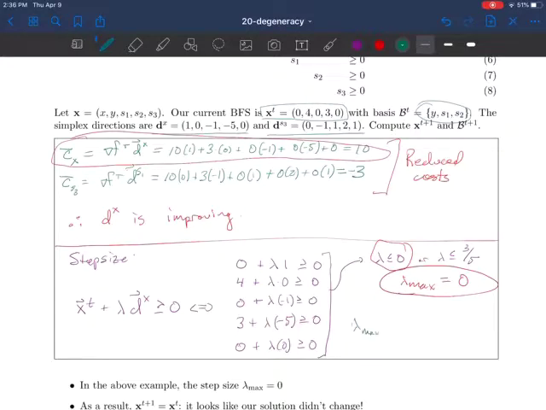Note that the min ratio test would have given us the same thing, because we would have said lambda max equals the min of 0 divided by minus 1 and 3 divided by minus 5. Okay, so these two methods are equivalent.